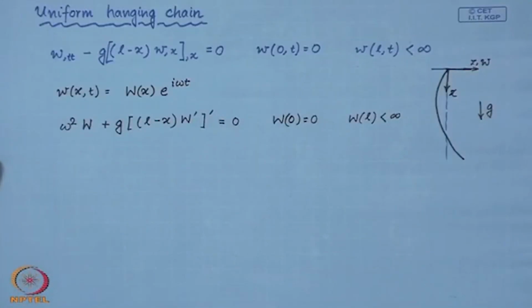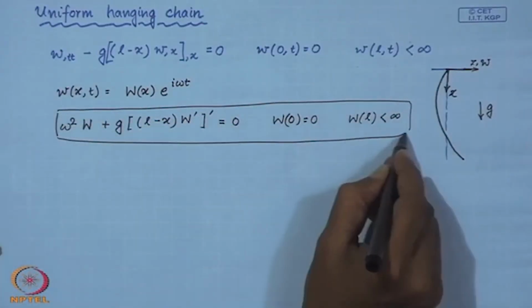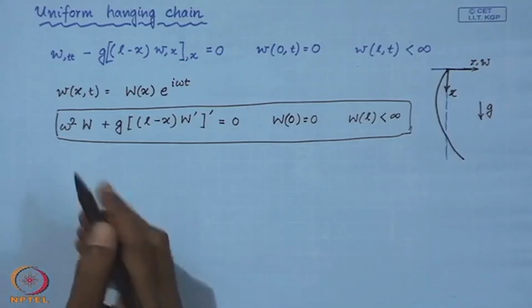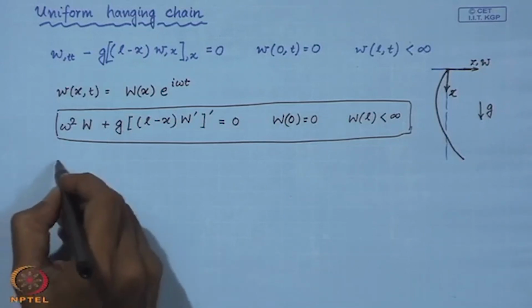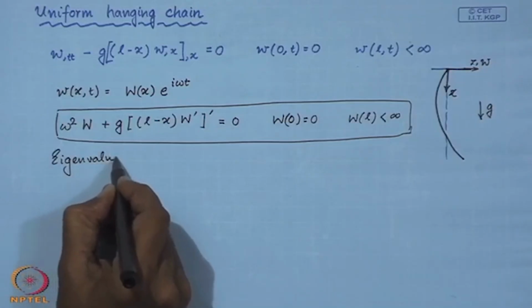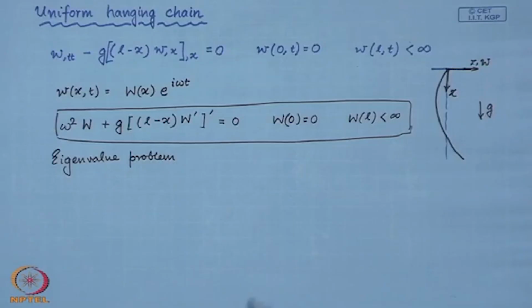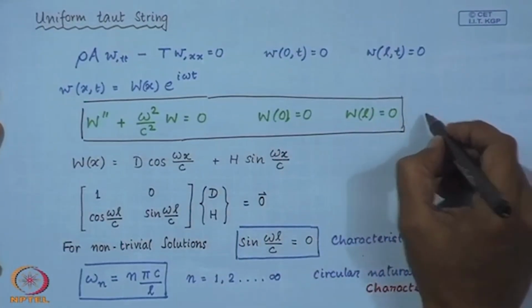Here again we have obtained a differential equation and boundary conditions. This problem is known as the eigenvalue problem. So, in the case of a string, this was our eigenvalue problem.